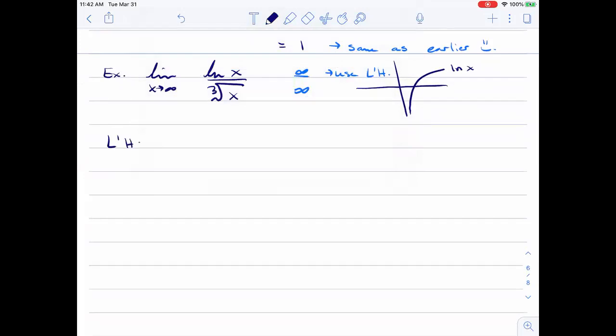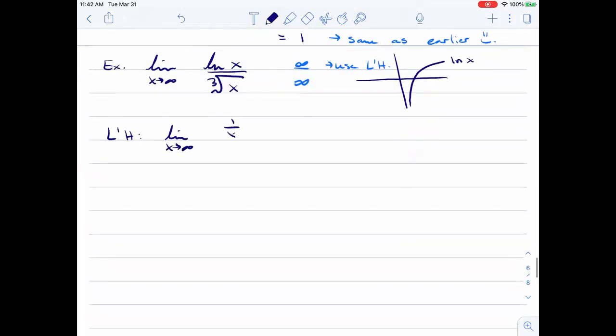L'Hopital's rule says that I can rewrite this as the limit as x goes to infinity of 1 over x over the derivative of the third root of x, which is 1 over 3 times x to the negative 2 over 3, right? x to the 1 over 3 minus 1 is negative 2 over 3.